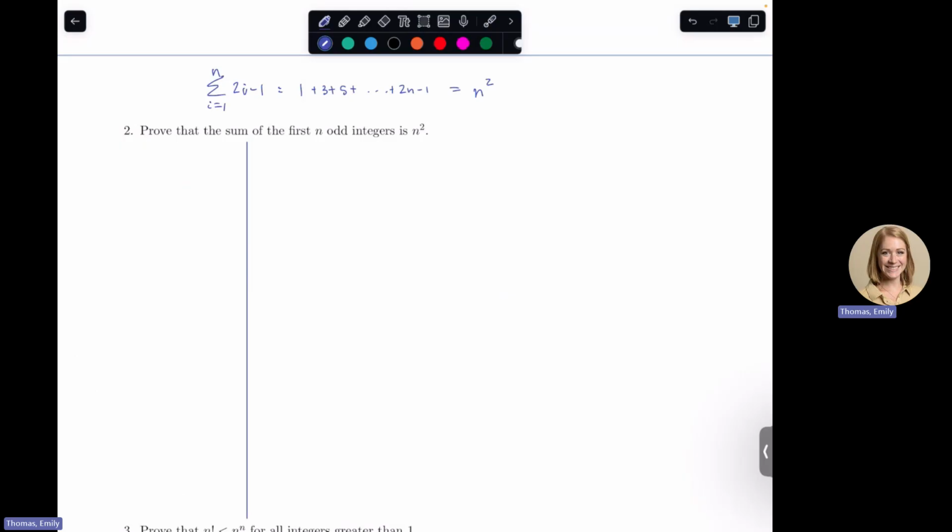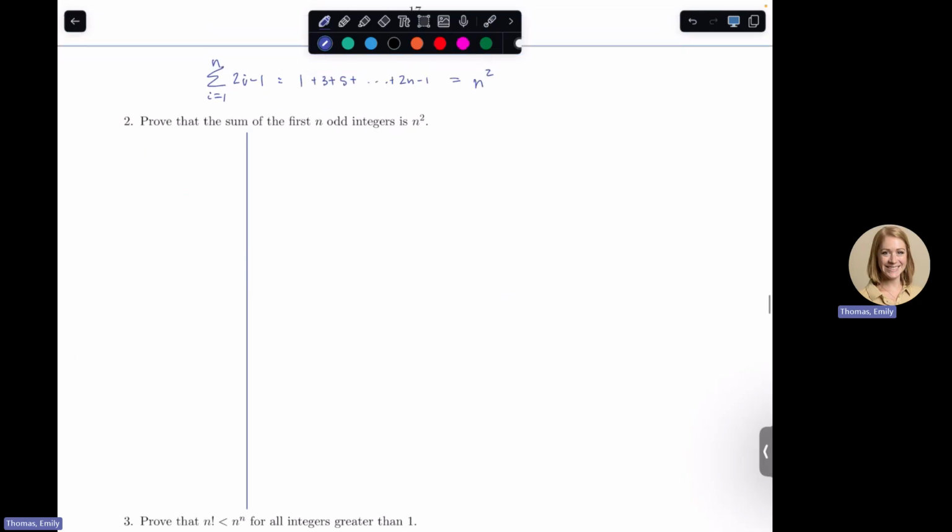All right, so our base case for induction, remember we want to start with the smallest one, so it would be when n equals 1. So what's the summation from i equals 1 to 1 of 2i minus 1? It is 1.